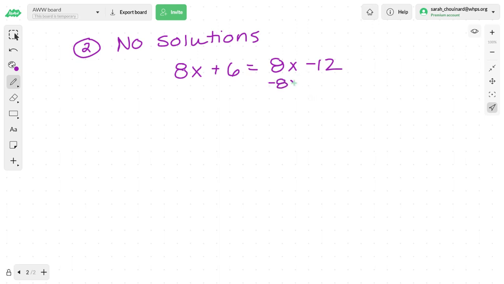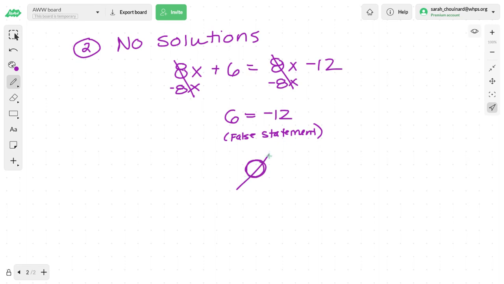I have to subtract 8x from both sides to get rid of it on this side, but it also eliminates on this side, leaving me with 6 equals negative 12. Since that's never true, this is a false statement, that tells me that I'm going to have no solutions.